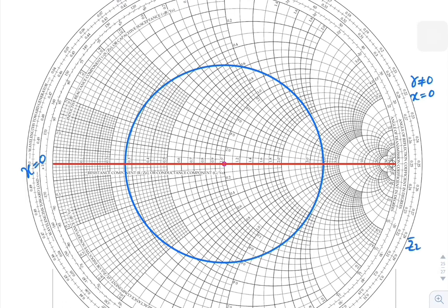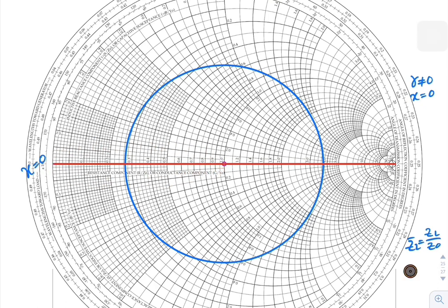ZL bar equal to ZL by Z0. If ZL is greater than Z0, then the point will be available at the right side of this plane. Whereas if ZL is less than Z0, the point will be available at the left side of this graph.